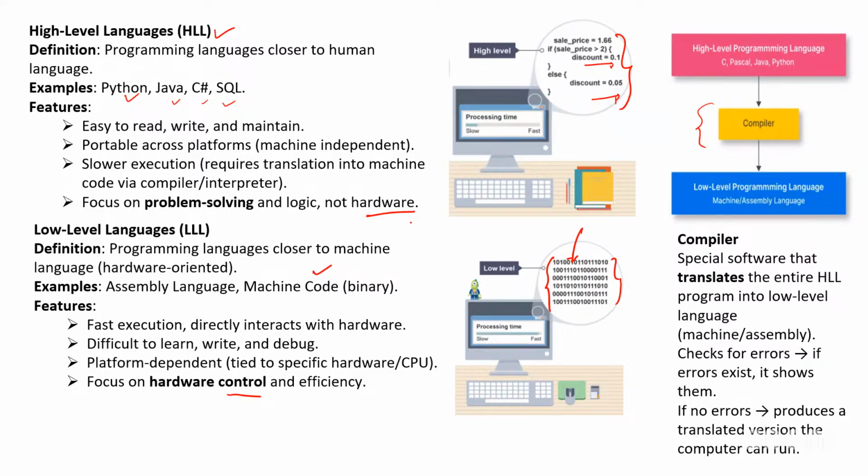It checks whether there are any errors before I convert and send it to the computer, because if there are errors, I cannot communicate with my computer. There will be issues. So the compiler converts your high level language to low level language. Now, any doubt between high level language and low level language? Have you got it till now?